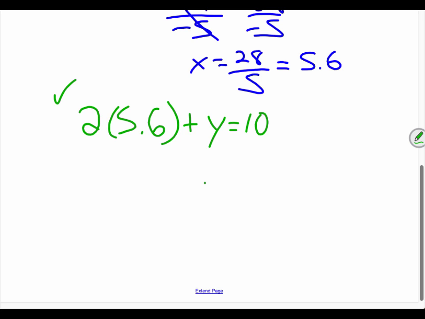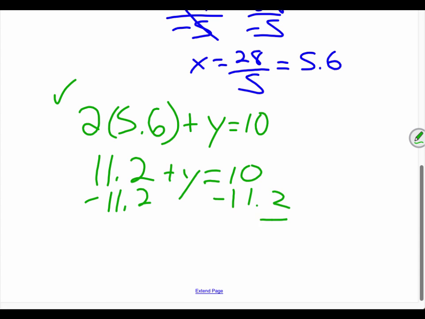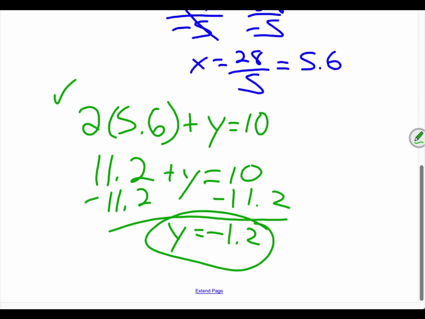So 2 times 5.6 is 11.2, plus y is equal to 10. Subtract 11.2, and you get y equals negative 1.2. So now, based on all this, I believe that this should intersect at 5.6, negative 1.2.